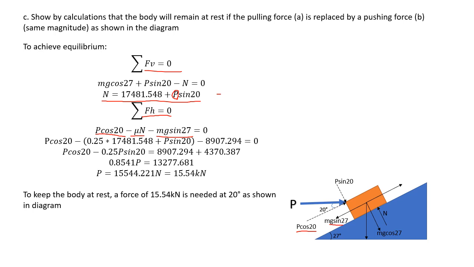We fill that all in, substitute the normal force with that expression, and solve for P. The pushing force needs to be 15.54 kilonewtons or greater to accelerate the body uphill.